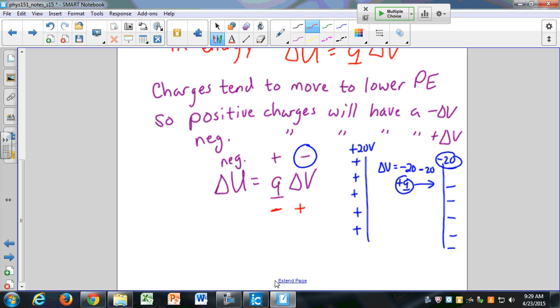On the other hand, if I have a negative charge, it's going to move in this direction, so that its change in potential is positive. I can think about this as 20, which is my final voltage here, minus a negative 20. So it experiences a delta V of 40 volts, whereas the other one experiences a delta V of negative 40 volts.